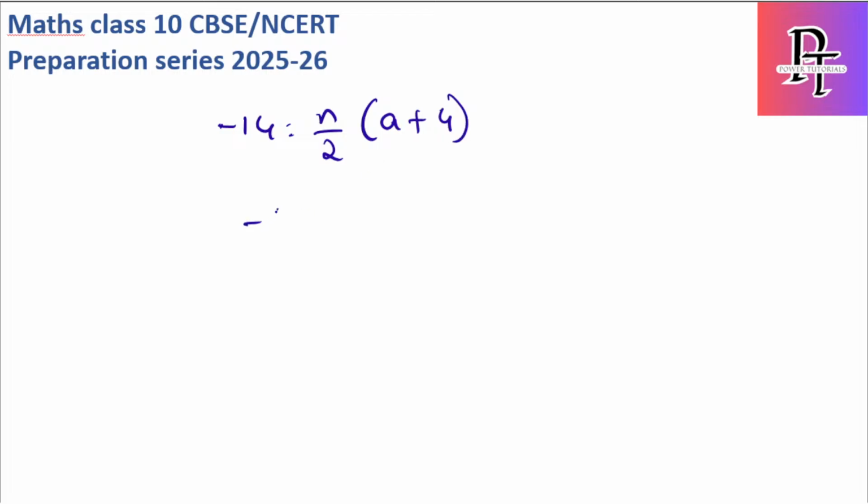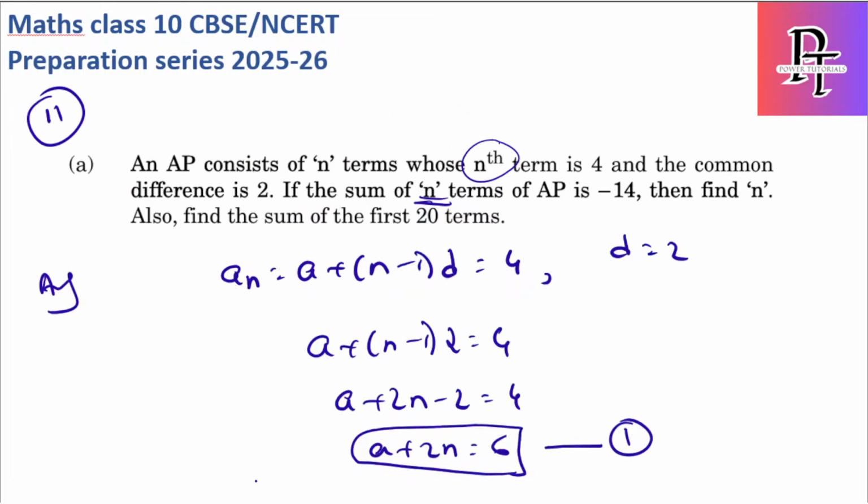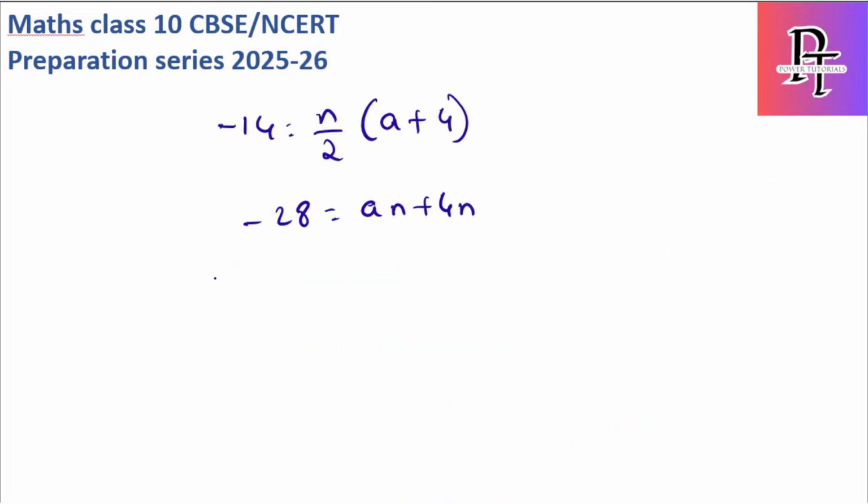Now we have the second relation, which is minus 28 is equal to an plus 4n. From here I can say a value is how much? a is equal to 6 minus 2n.